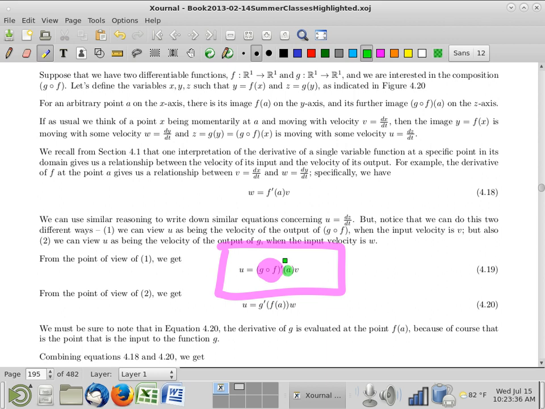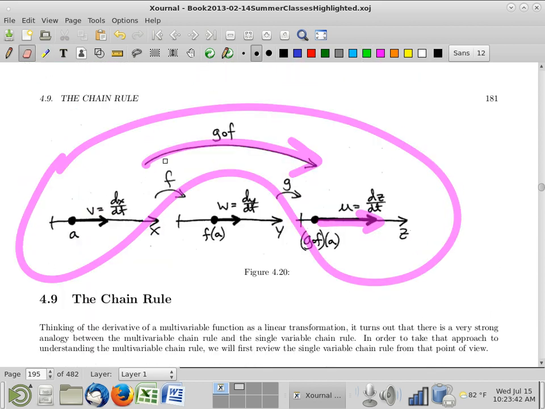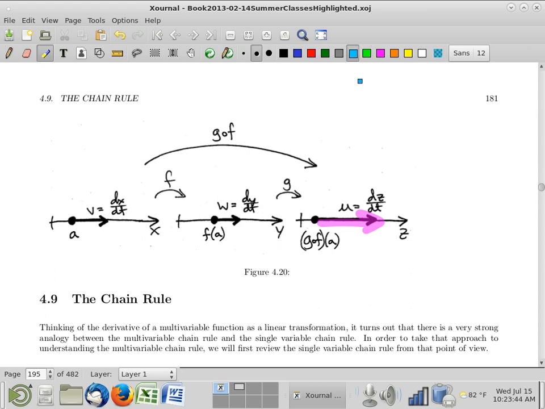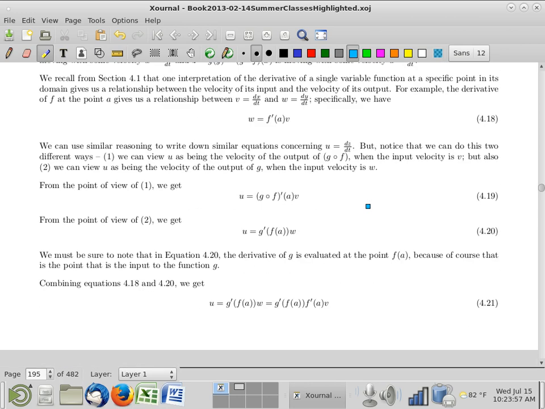All right. Okay, now you got to be careful with this next one. There's a little curveball. When I look at this function, the derivative of g is what I multiply by w to get u. Right, so derivative of g is what I multiply by w to get u.